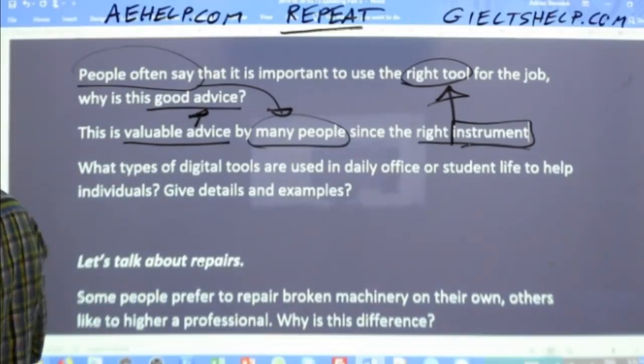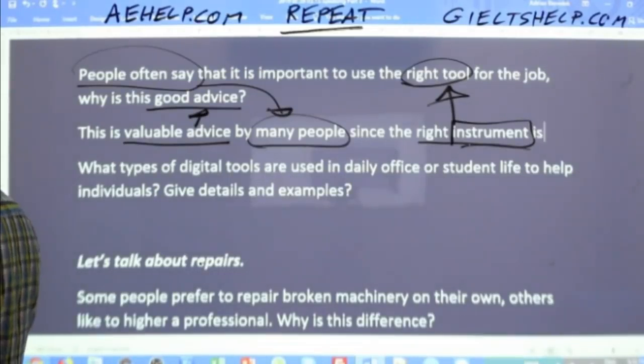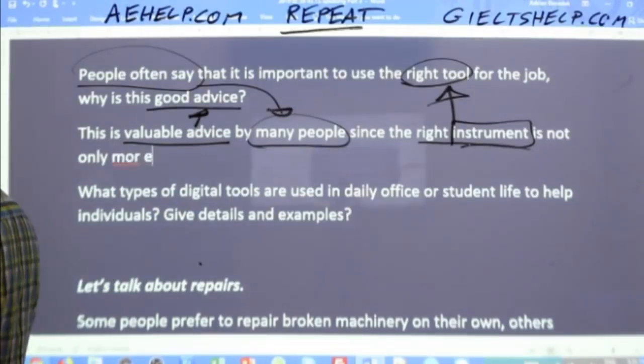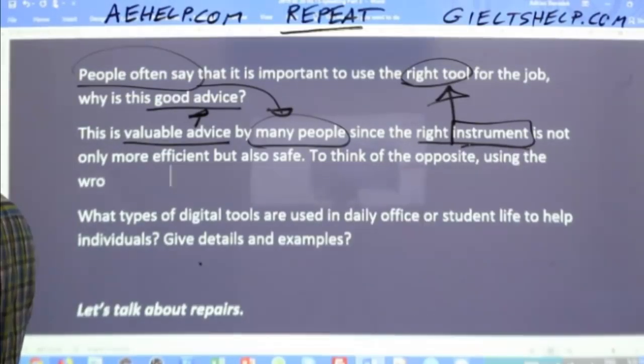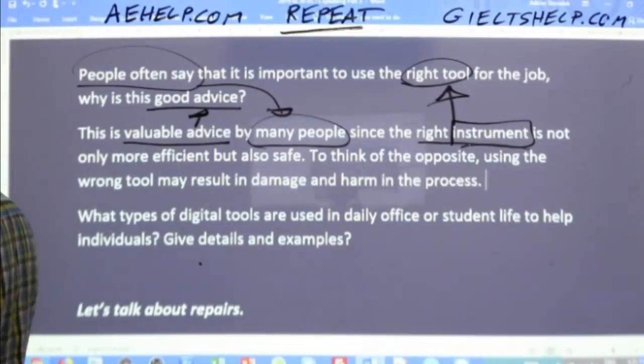Okay? Since the right instrument is not only more efficient, but also safe. To think of the opposite, using the wrong tool may result in damage and harm in the process. Okay?